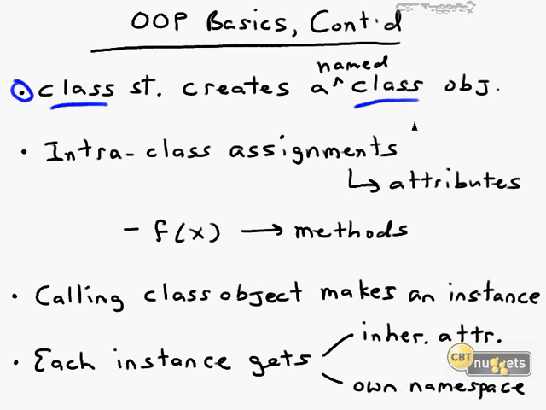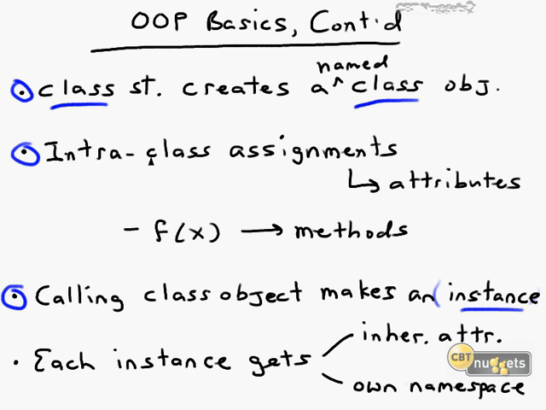And just like a template in Microsoft Word, as we talked about in the previous nugget, a class is not usually meant to be operated on directly, but instead you call the class object to create an instance of the class. This is like creating a new document in Microsoft Word that's based on a particular template. The template remains untouched, and we then have read-write access to an exact copy of that class or that template.